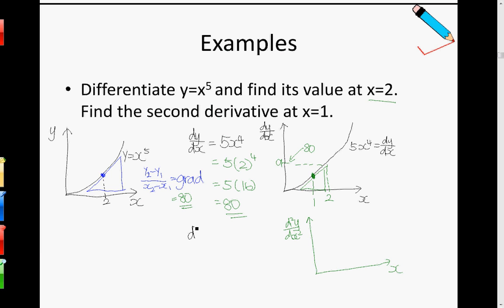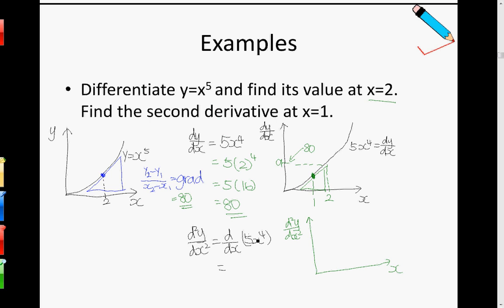So d2y dx square, since dy dx is 5x to the power of 4, is just differentiating my dy dx one more time. So what do I have to do?